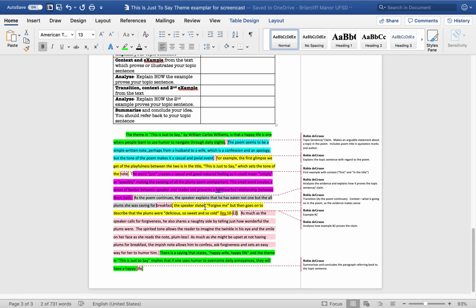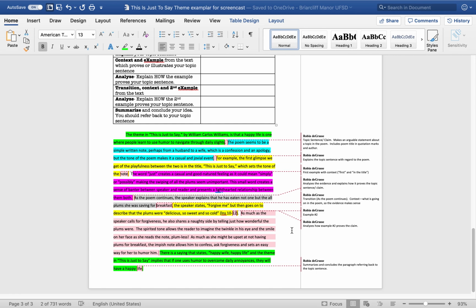The speaker states, and here's your second example, "forgive me," but then goes on to describe that the plums were delicious, so sweet and so cold. Here again is your analysis. As much as the speaker calls for forgiveness, he also shares a naughty side by telling just how wonderful the plums were.